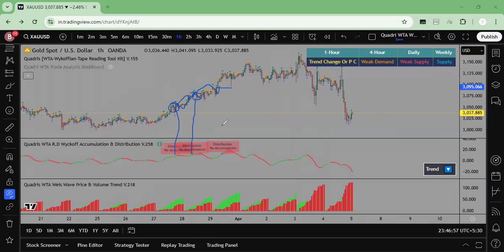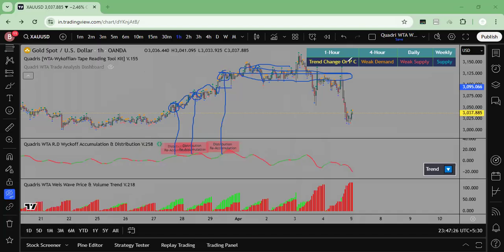Now again we got tested, we got a distribution which to some degree was later converted into accumulation, but it could not hold above this level. So by this break it was clearly evident that this is going to be a very long distribution or accumulation, reaccumulation zone.